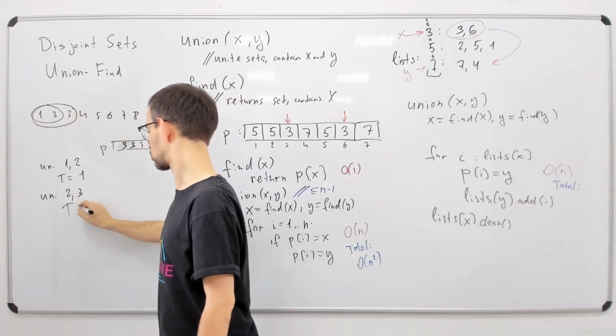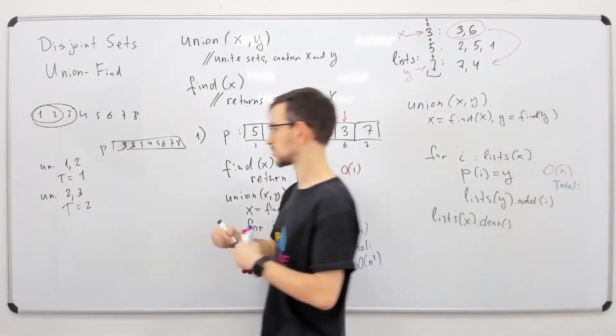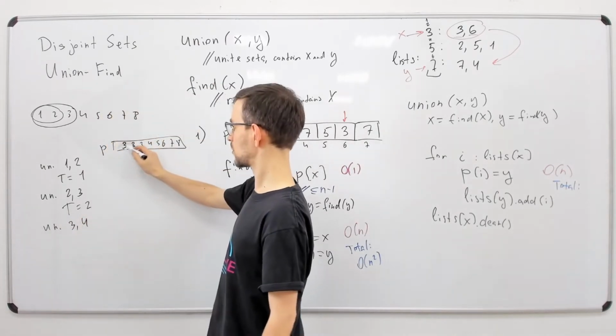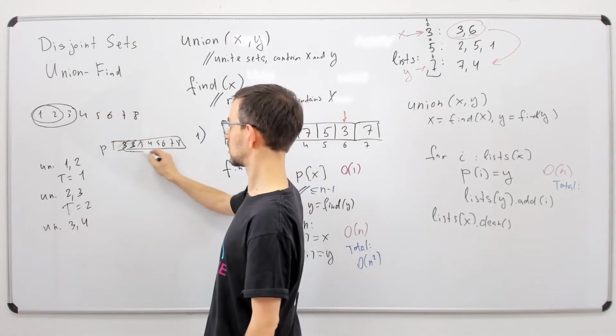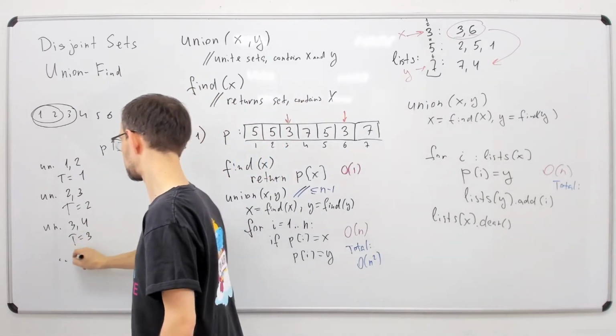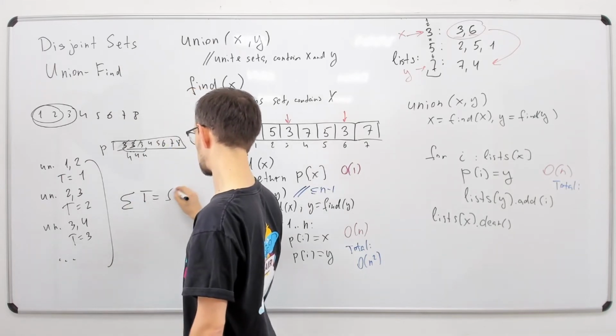And it costs you 2 operations. And now you make union of 3 and 4 and so on. You need to change these 3 elements to 4s, and it costs you 3 operations, and so on. So the total number of all operations will be about n squared.